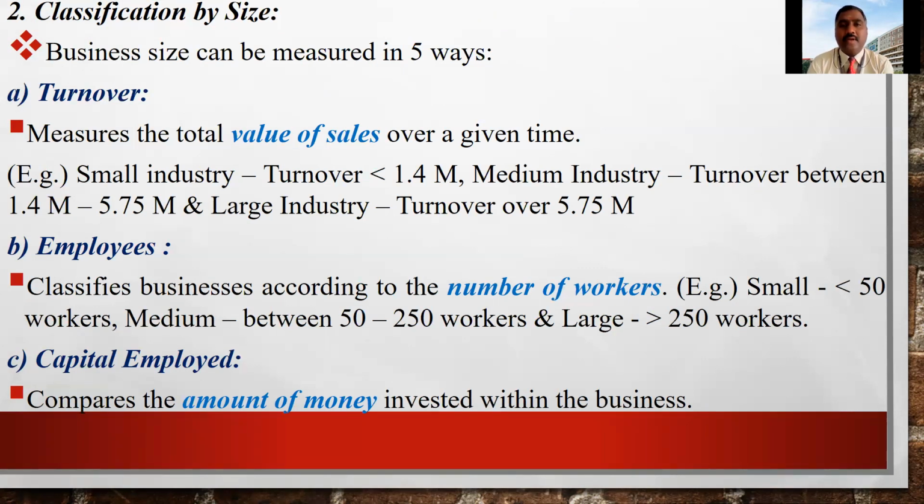All these things depend upon the size. It is not that all companies are multinational companies, or that all companies come under big level or middle level industries. Depending upon their turnover, the number of employees in their organization, and the investments, we are calling it a business.